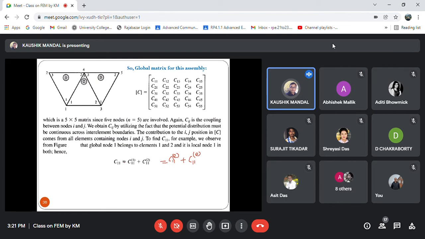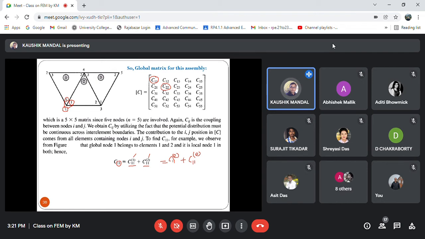As I have mentioned, this is the global numbering, and it is associated only with this particular node of element 1 and this particular node of element 2. So this particular coefficient of the global coefficient matrix will be equal to C11 of element 1 plus C11 of element 2. If you have any problem, you can ask me.